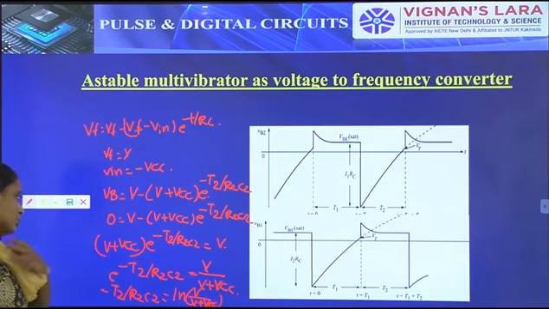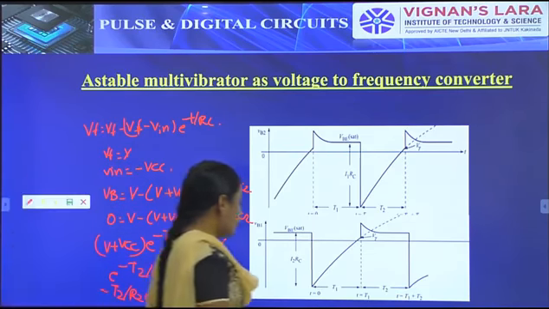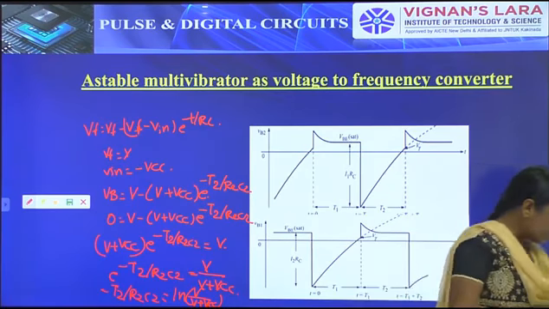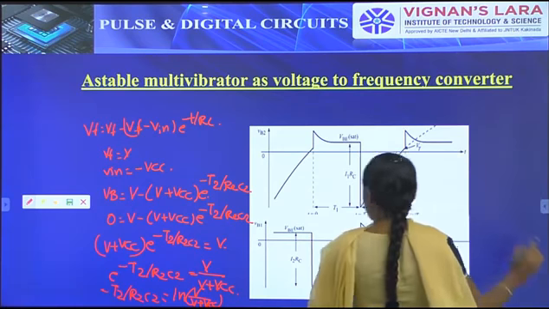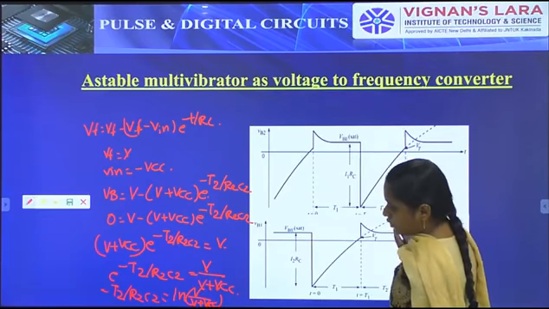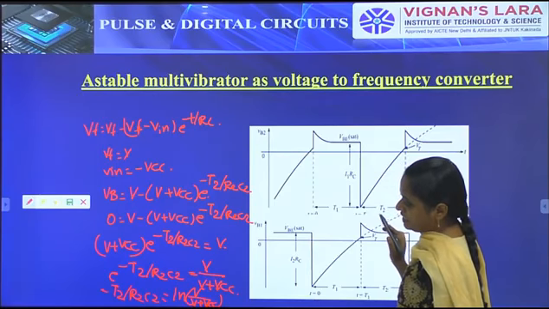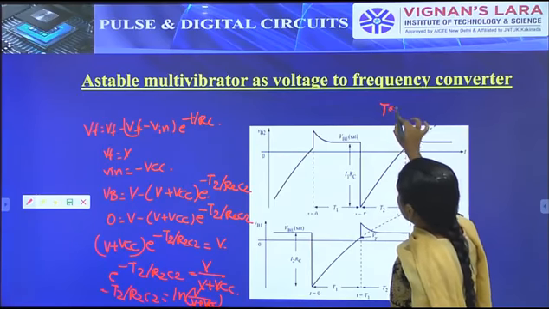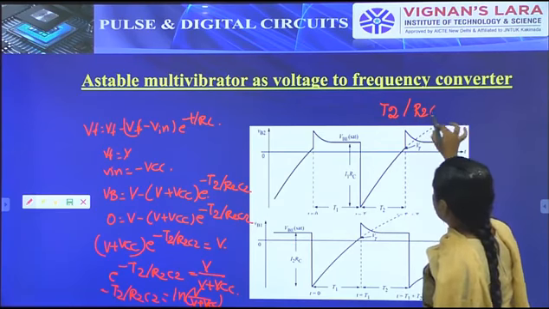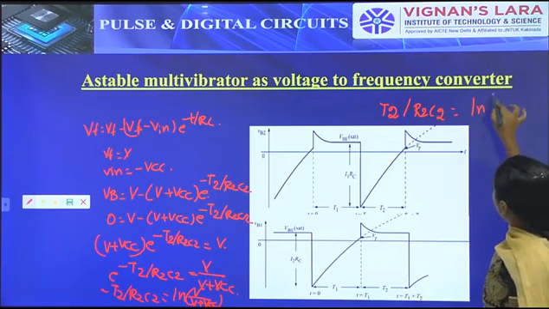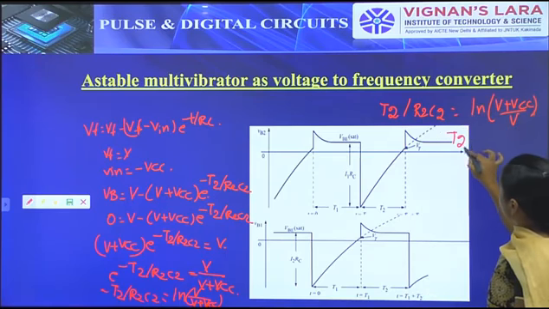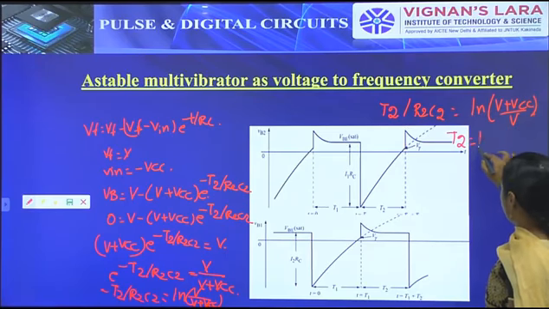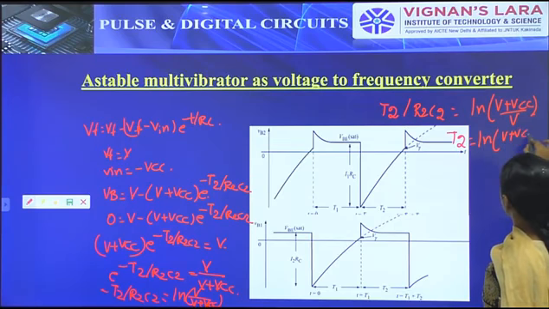So minus T2 by R2 C2 is equal to ln of V by V plus VCC, and the positive value is T2 by R2 C2, which is equal to ln of V plus VCC by V. So T2 is equal to ln of V plus VCC by V into R2 C2.